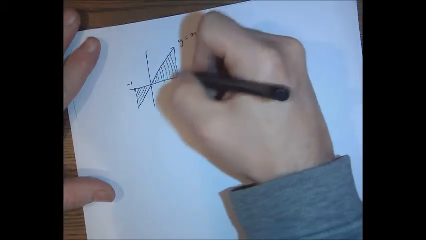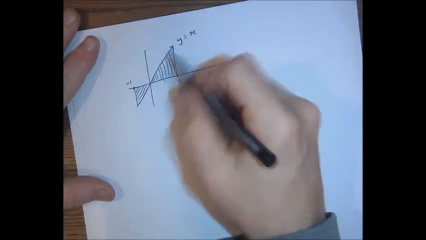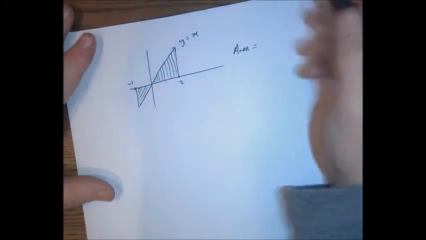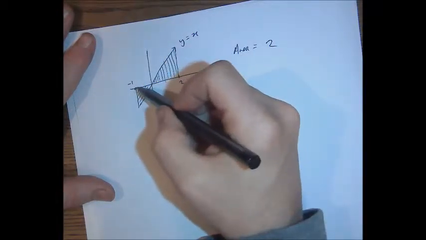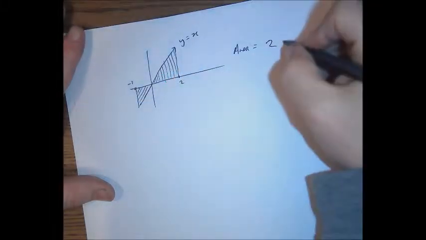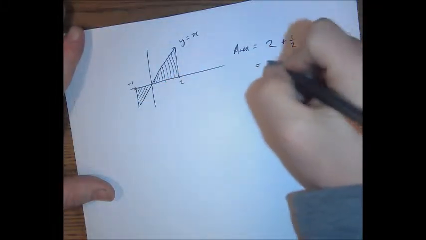That is a triangle of base 2 and height 2, so half the base times the height is 2. That is a triangle of base 1 and height 1, so half the base times the height is half. So the area of this is clearly 2.5.